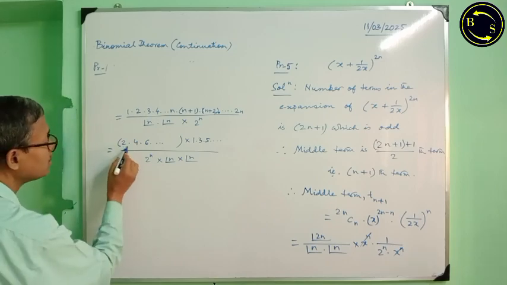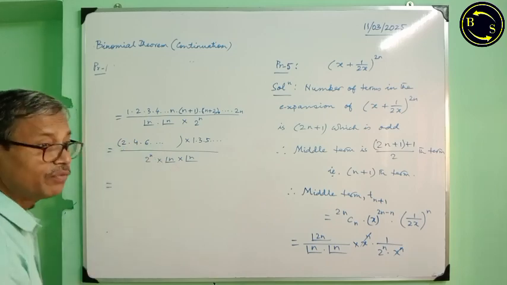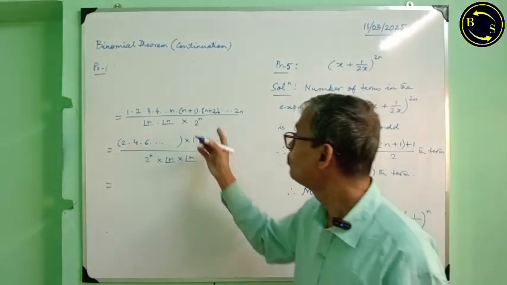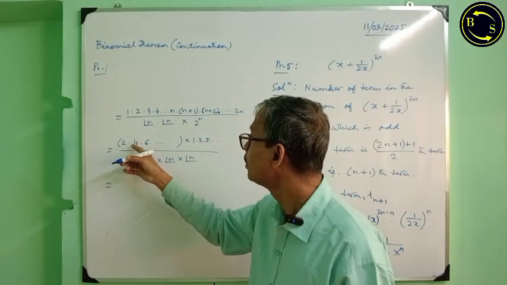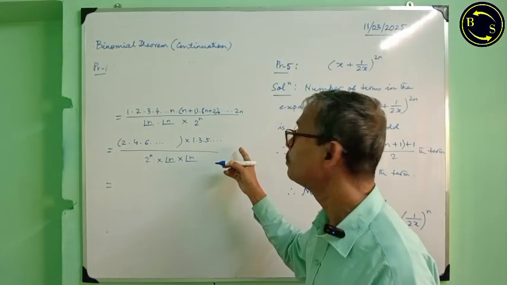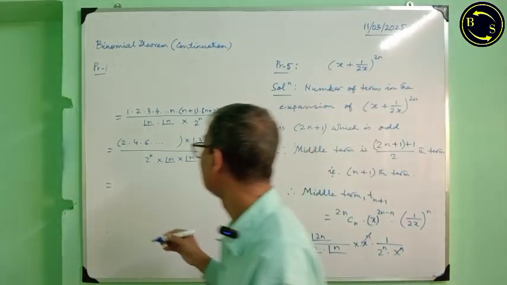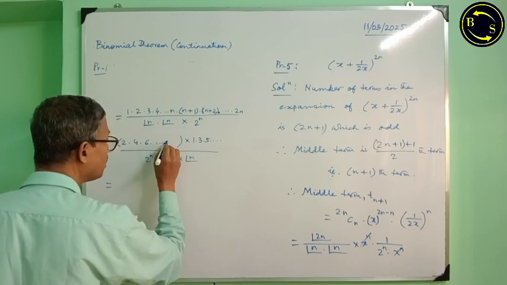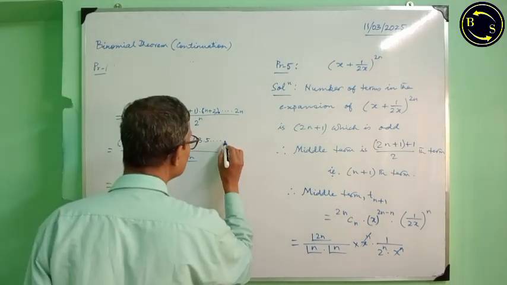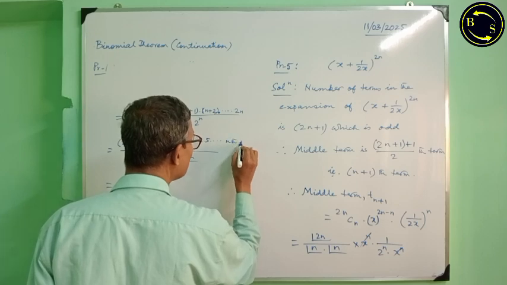Now, since there are totally 2n factors, out of those the even numbers will be n in number, the odd numbers will be n in number. I write here nth number, here also nth number.